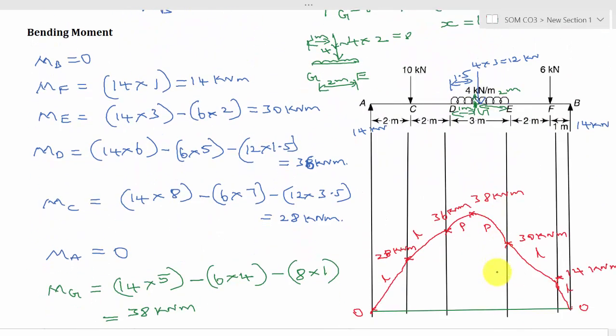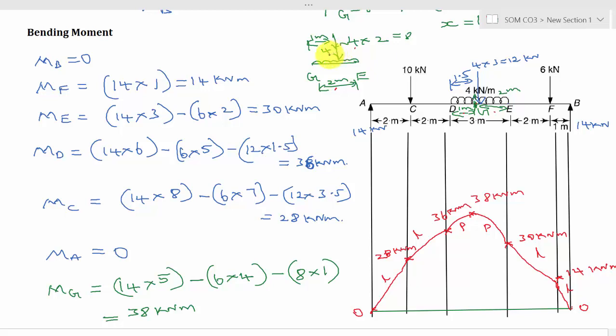Okay, and also we have to calculate the bending moment at the G point. So while calculating the bending moment, just consider the UDL acting in the right side of the point G. Okay, so you can neglect the left side. So this is my G and E. So if I consider the G and E alone, the distance is 2 meter because the x value is 1. So 3 minus 1 is 2. So it will be acting in the center.